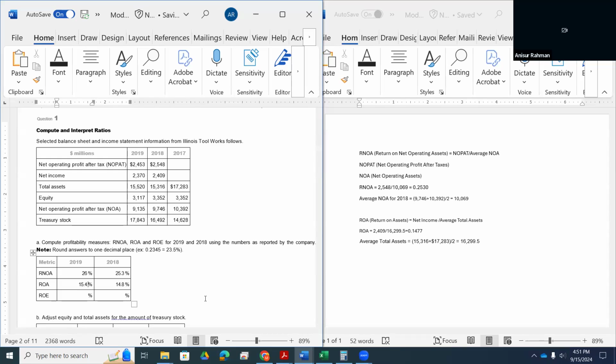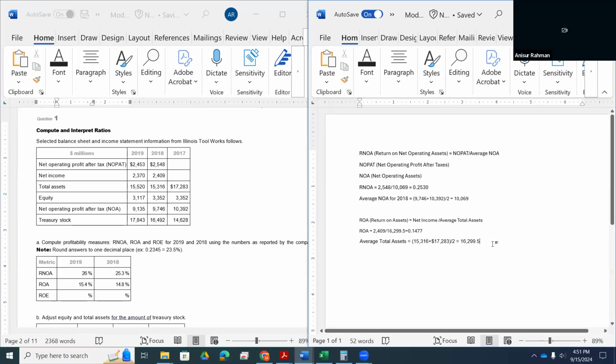Now return on equity, or ROE. This is equal to net income divided by average equity.